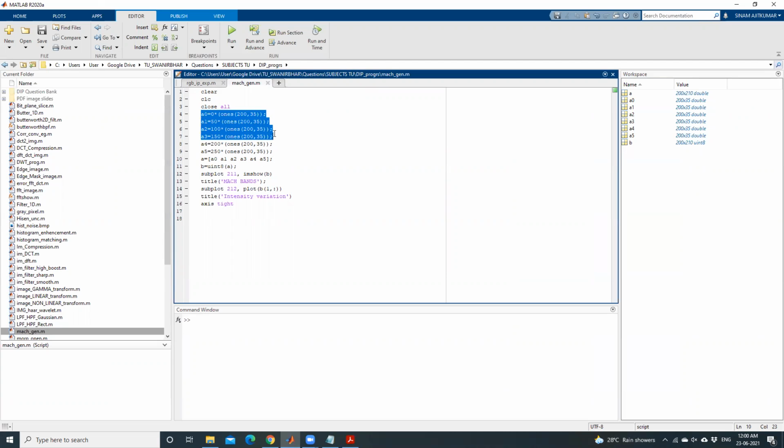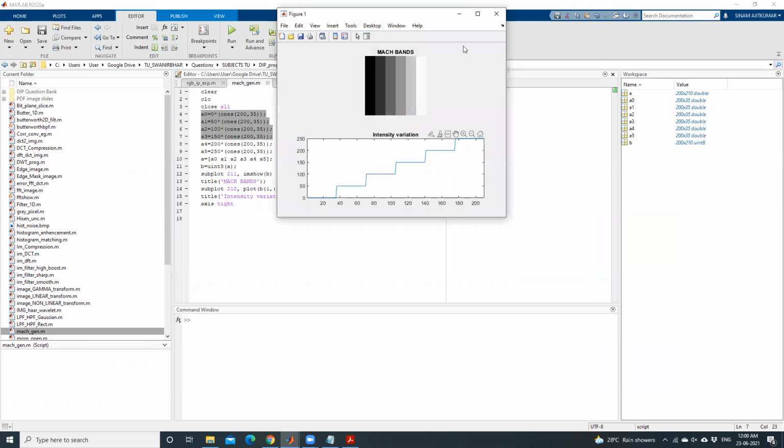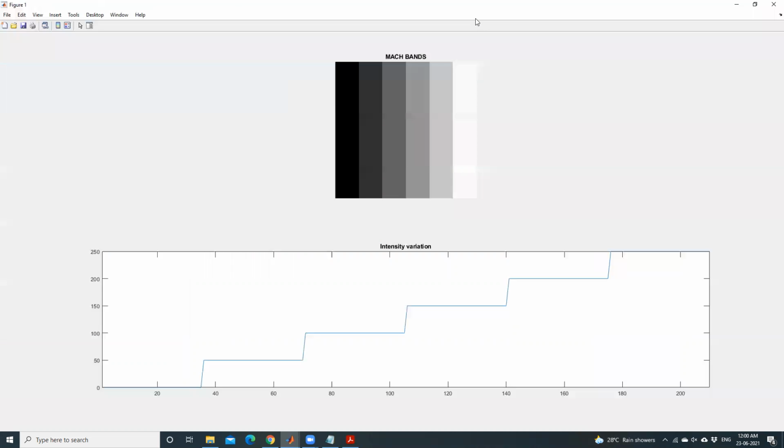Then we have similar things coming for 0, 50, 100, 150, 200, 250. So we generate Mach bands, and these Mach bands are being generated, and they have the intensity variation as under. So you have intensity which is 0, 50, 100, 150, 200, 250, like this. We have the Mach band variation.